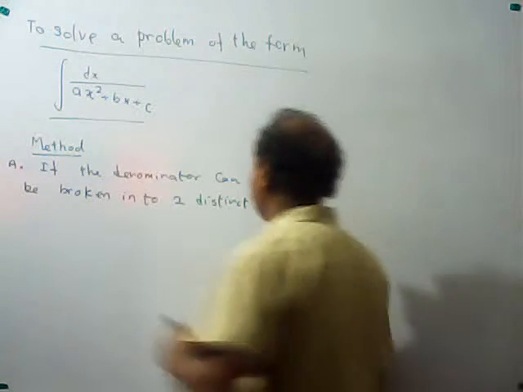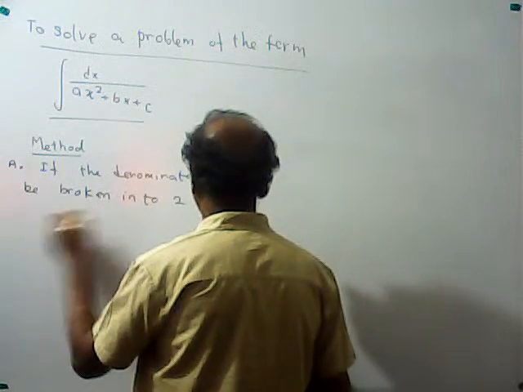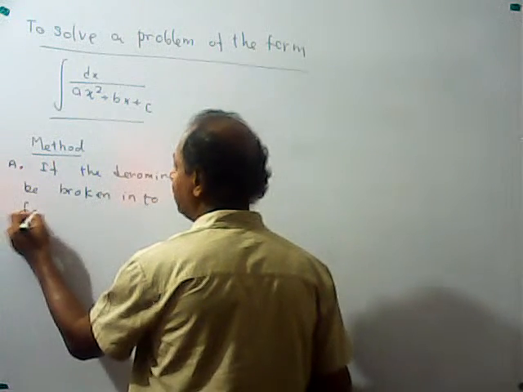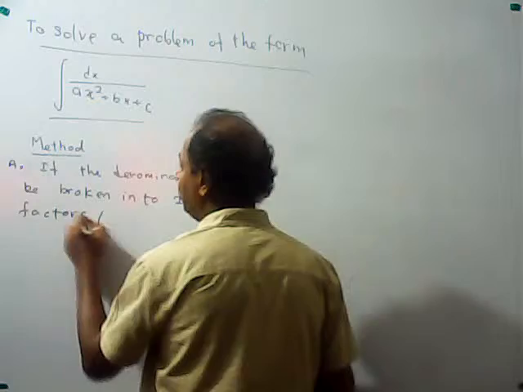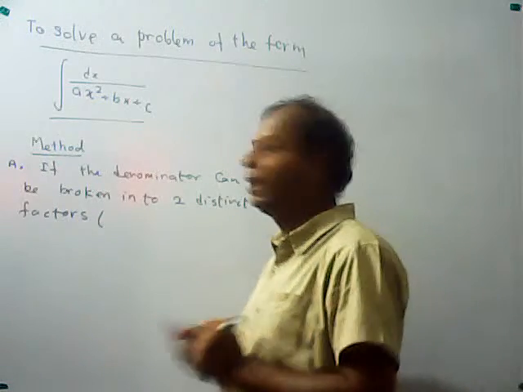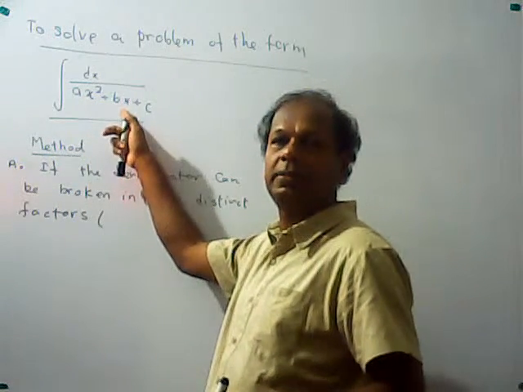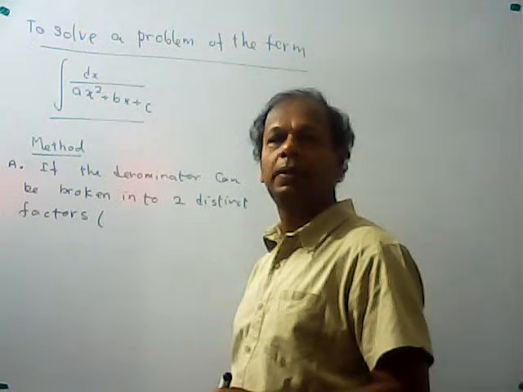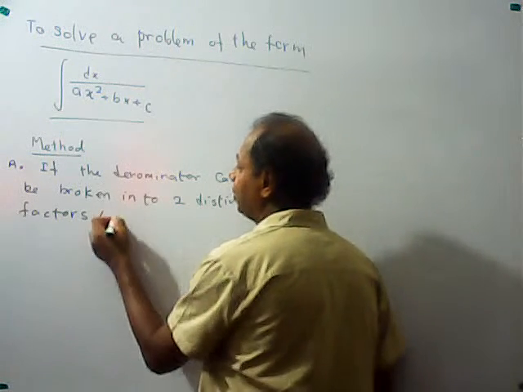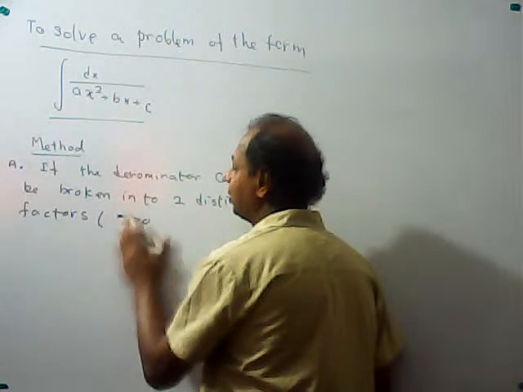This is case 1. In other words, if delta is greater than 0, you get two distinct factors.